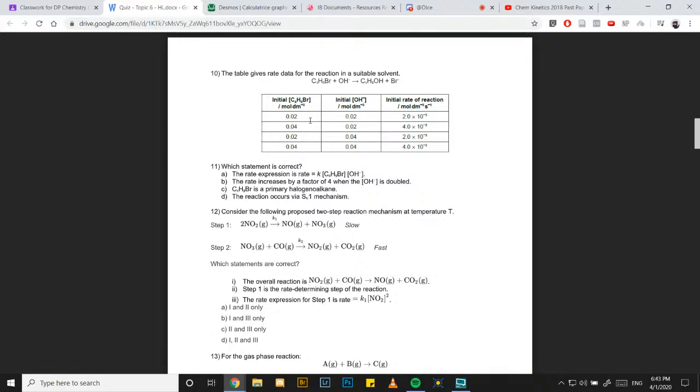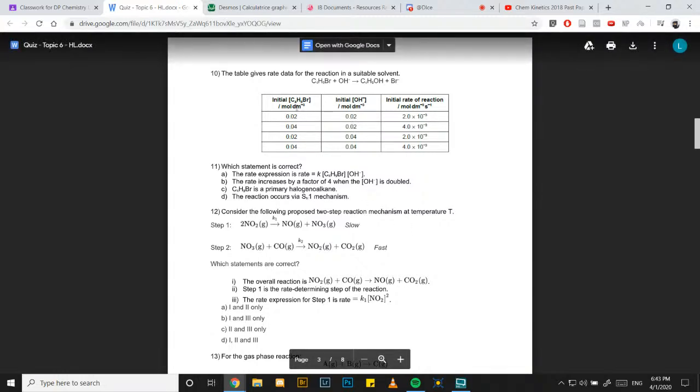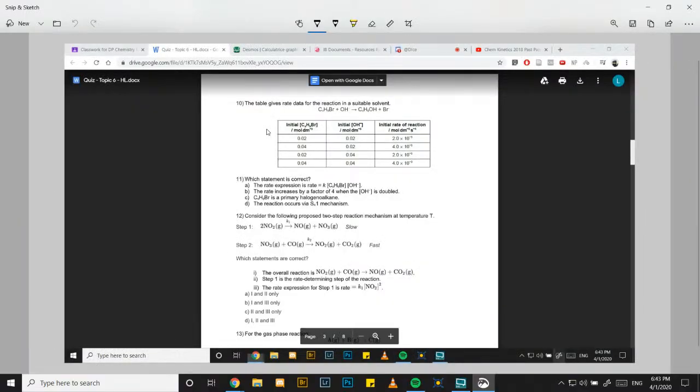So let's look at the difference between experiment number 1 and experiment number 3 over here. If you look from 1 to 3, you have a double in the hydroxide concentration.